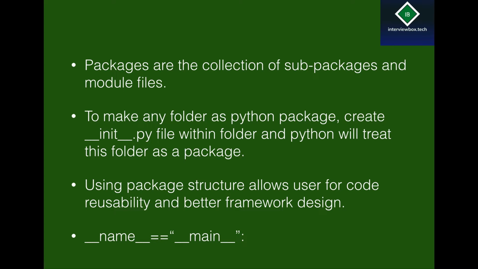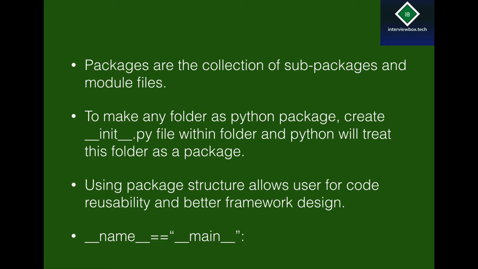And then in that folder, you can create further sub packages, or you can place your module file in there. And that's how you can import those packages into your main program file and use the functionality. So this allows for code reusability and better framework design.